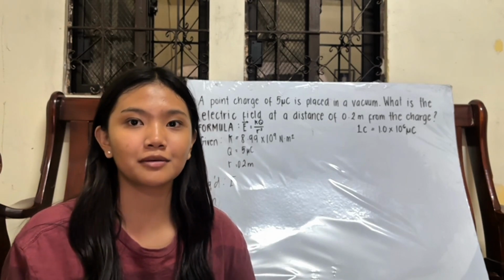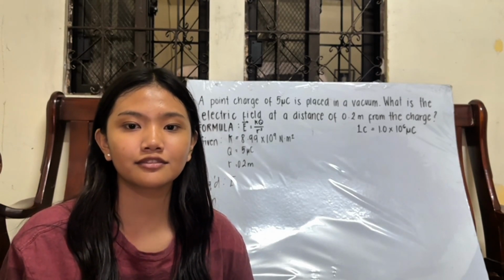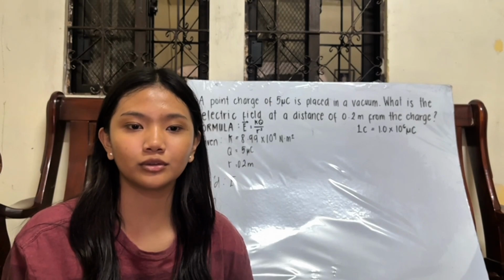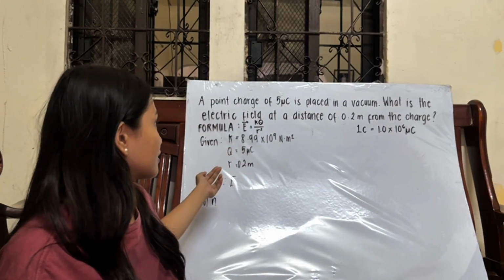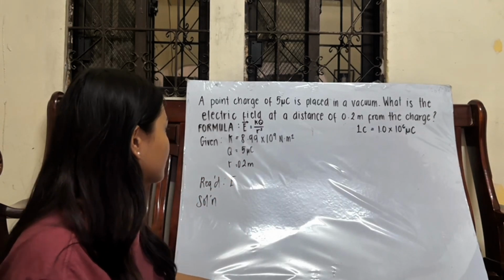K is equal to 8.99 times 10 raised to 9 newton meter squared per coulomb squared. Q is 5 microcoulombs and the r is 0.2 meters. Then, we are going to use the formula: electric field equals kQ over r squared.